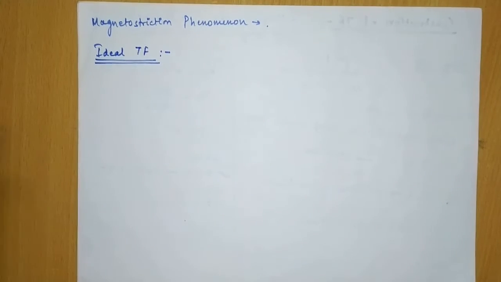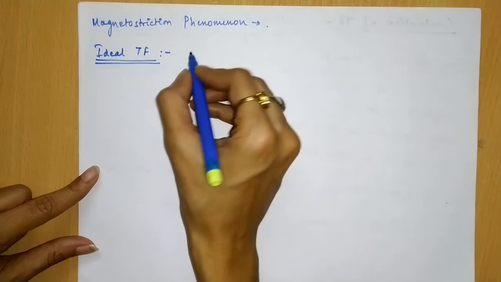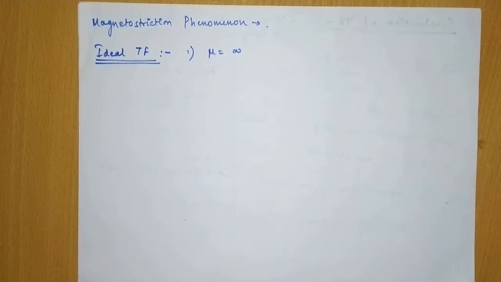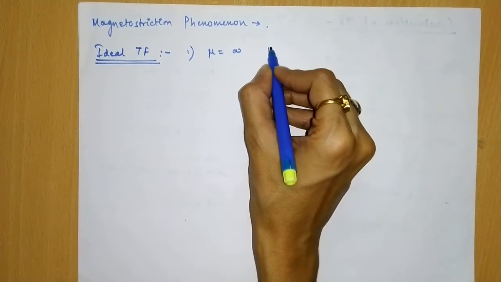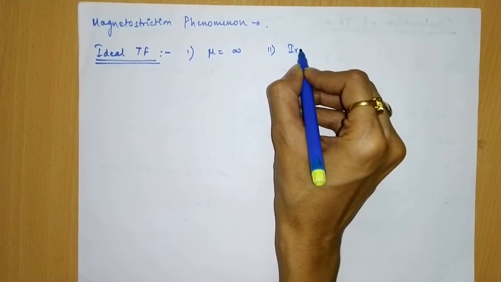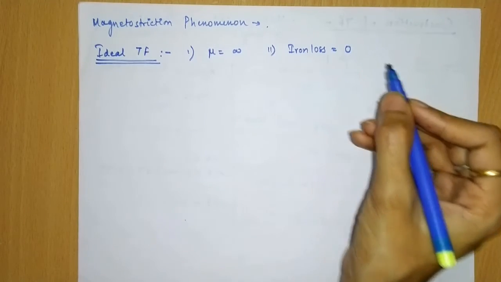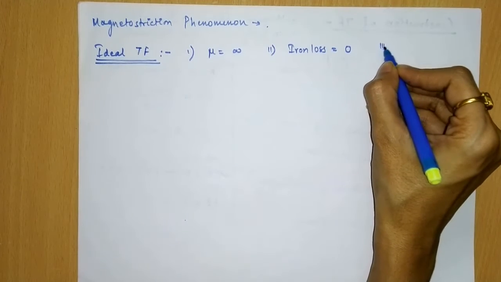The characteristics that should be satisfied for an ideal transformer are: core with infinite permeability, core with no iron loss, that is, iron loss must be 0. Windings without any resistance.